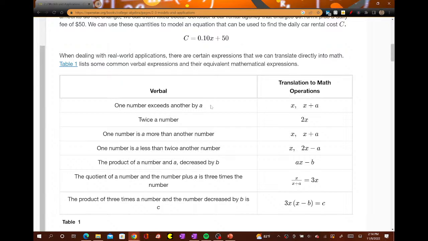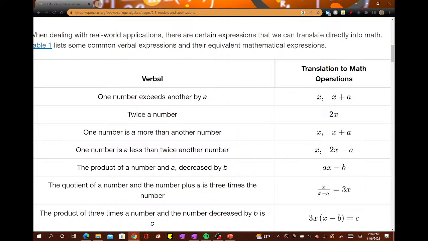Then twice the number: if we have a number x and we take twice that number, that will be 2x. Then it says one number is a more than another number. So if I say 5 is 2 more than 3, that would be that 5 is 3 plus 2.